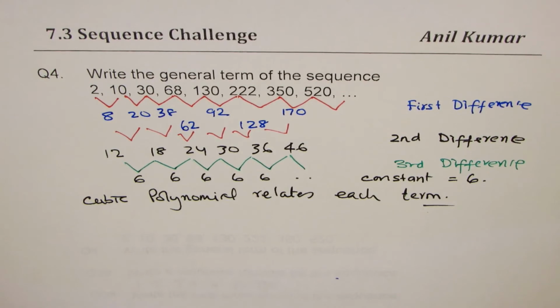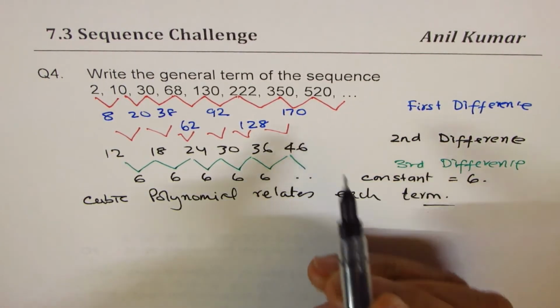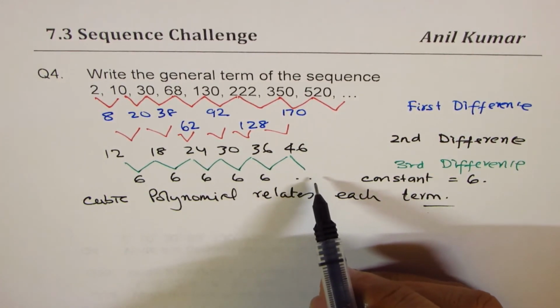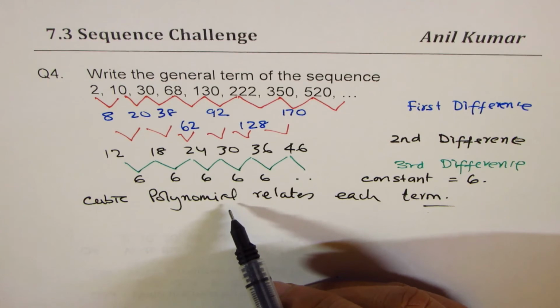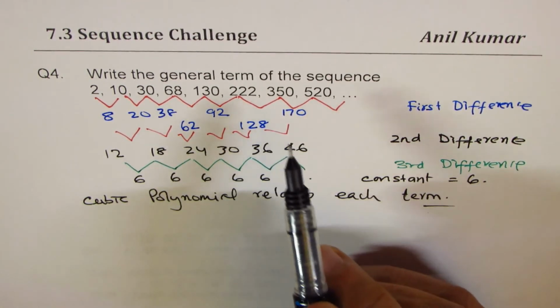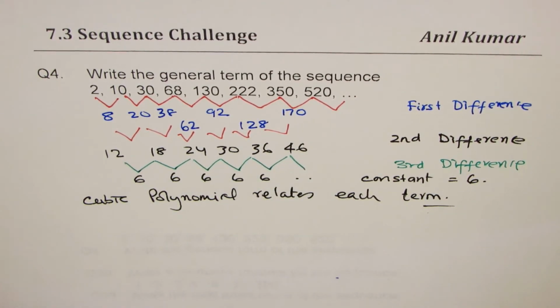Normally for most sequences, we can always find finite differences, and whenever we come across a constant finite difference, we know that a polynomial of that degree could represent those terms. Perfect. That's a very standard method, and it is a foolproof method.